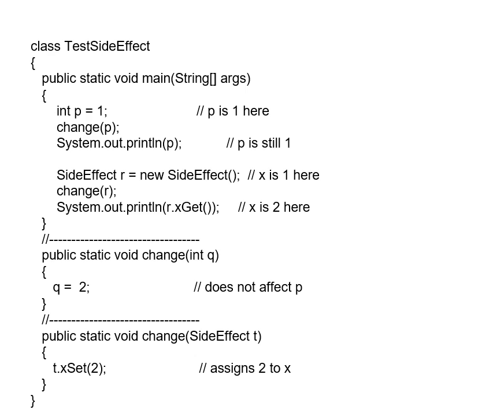And so the method that is going to be called is the one whose parameter has the type SideEffect. So this second call of change is going to be calling the second change method. Now that second change method is not going to be able to change what's in R, right? Now in this case, the second change method is not making any attempt to change R.